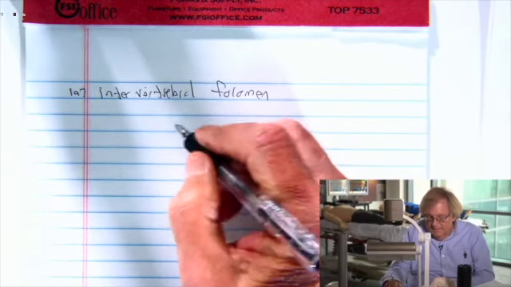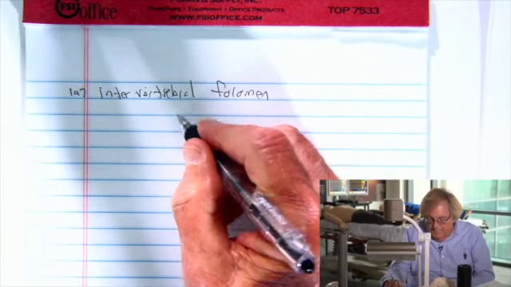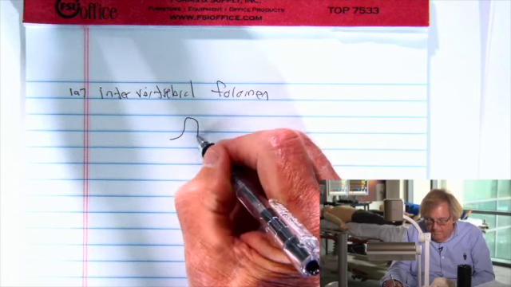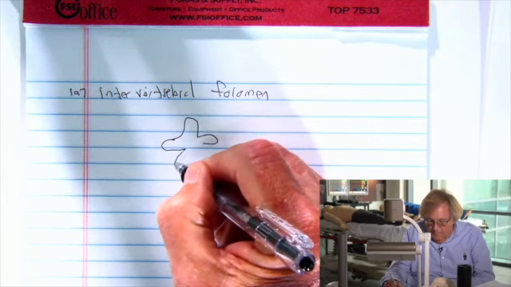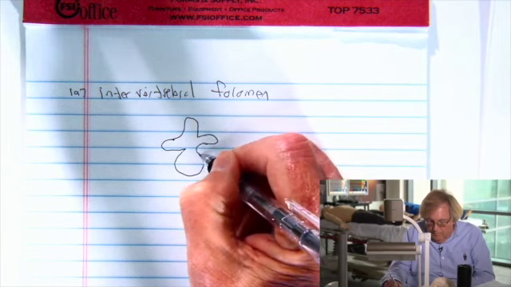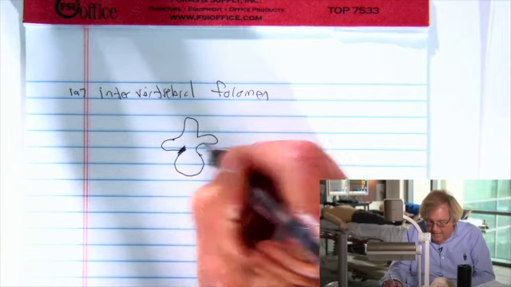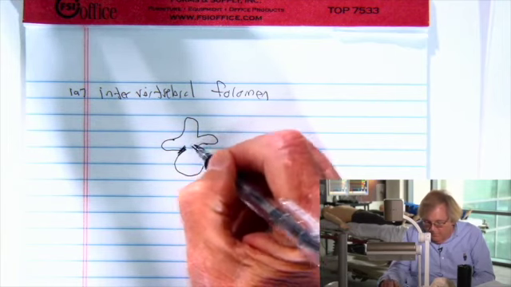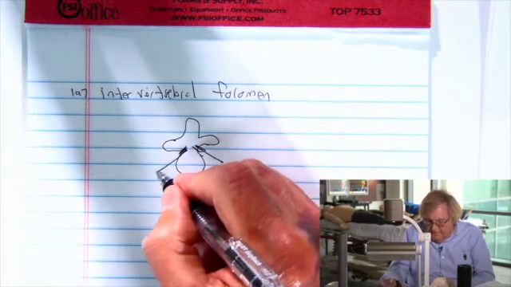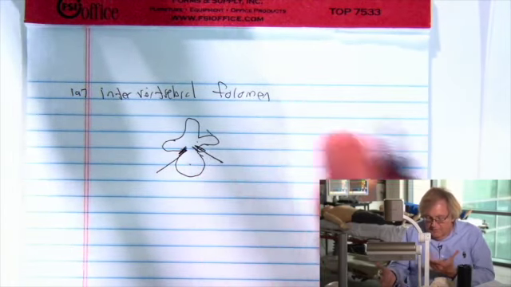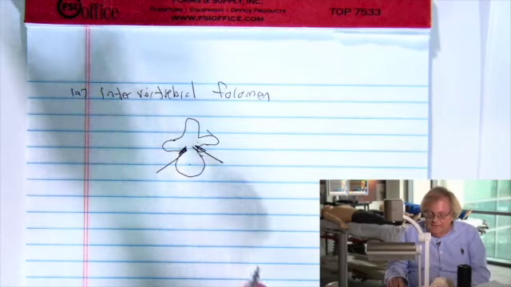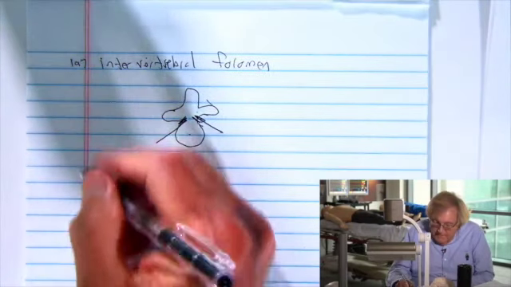If you think of a vertebra, right here there's a little notch that's formed. So coming out of here is the intervertebral foramen, that little notch that you have between vertebrae.